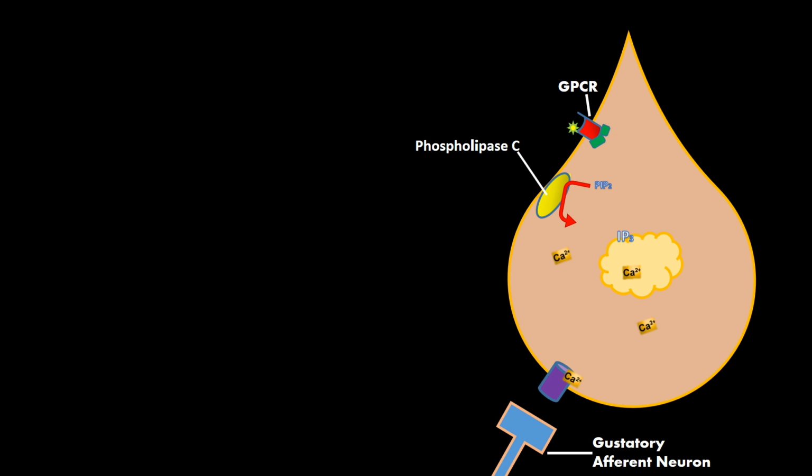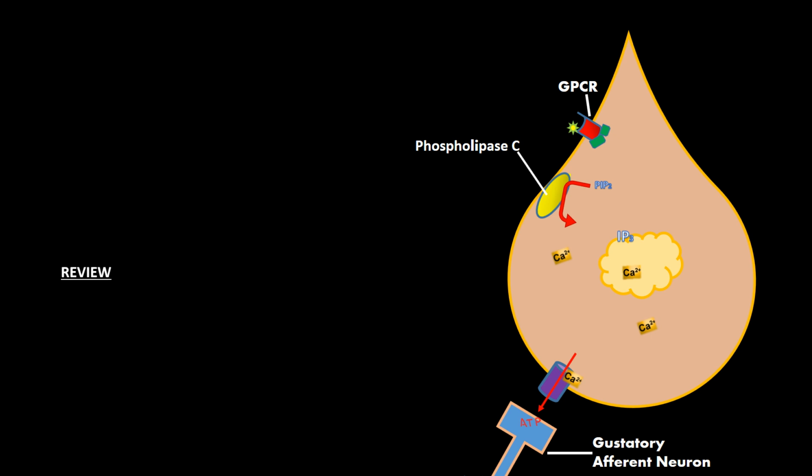We can see down here this little purple channel, and ATP is being released through that due to calcium activation. When that happens, the ATP acts as the neurotransmitter in this situation to affect the gustatory afferent neuron, causing it to depolarize and send an action potential to the gustatory cortex of the brain so that you can know that you're tasting something that's bitter, sweet, or umami.